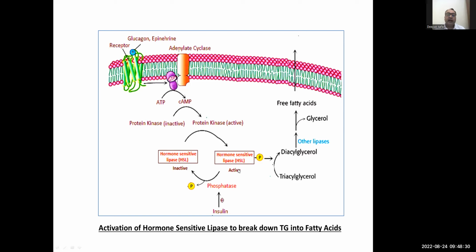That's why the phosphorylated hormone-sensitive lipase will form, and it will convert the TAG molecule to free fatty acids and glycerol. That glycerol will move into the pathway for gluconeogenesis, whereas the free fatty acids will transfer to the liver for beta oxidation, generating acetyl-CoA for the biosynthesis of the ketone bodies.